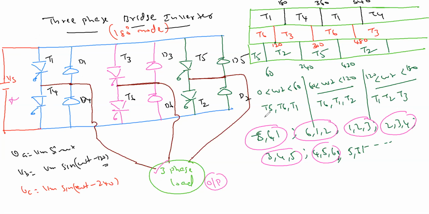A phase will start at omega t equal to 0. This is omega t equal to 0. B phase, this one is B phase, where should it start?